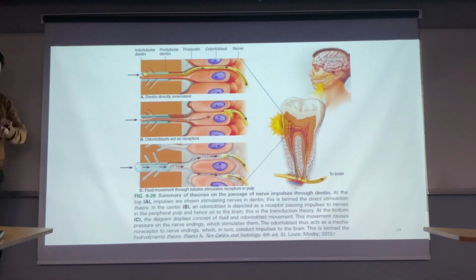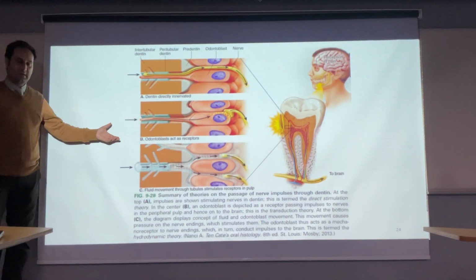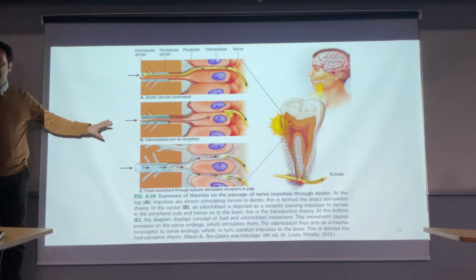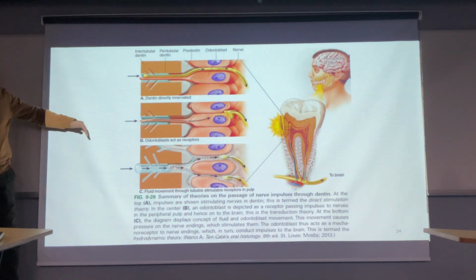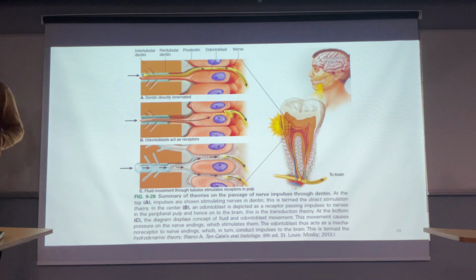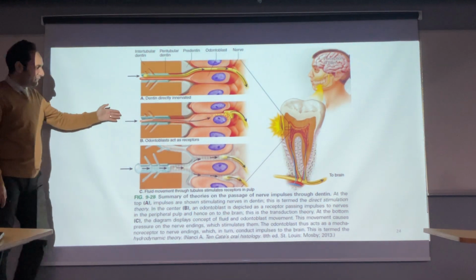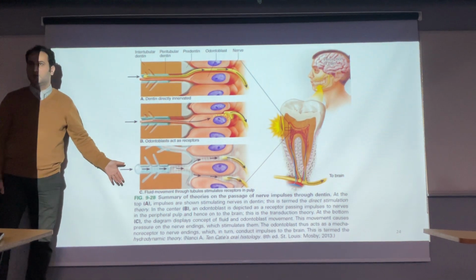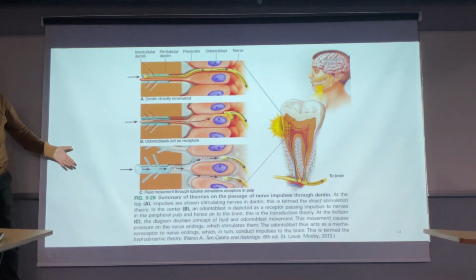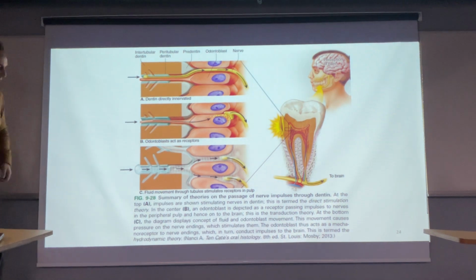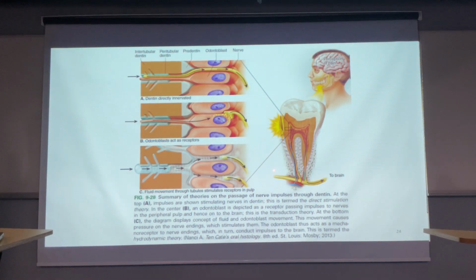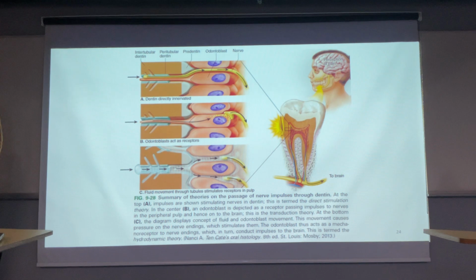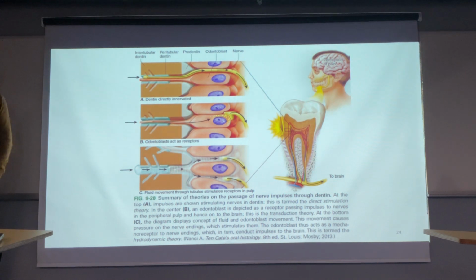Okay, now we are going to talk about an important thing, pain transduction in the dentin and teeth. How does this pain transduction happen? We have 3 different theories related to pain transduction, but the third one is the most acceptable to researchers.